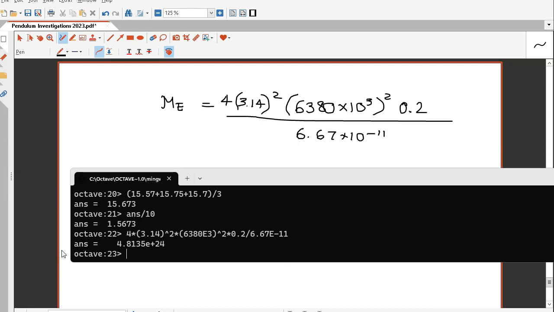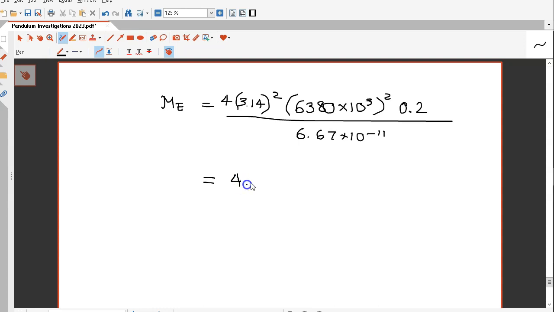Okay, the answer is 4.81 times 10 to the 24. I've just rounded it to 2 decimal places. 4.81 times 10 to the 24 kilograms. Pretty interesting. So that's our estimate for the mass of the Earth. So let's actually find out what it is.